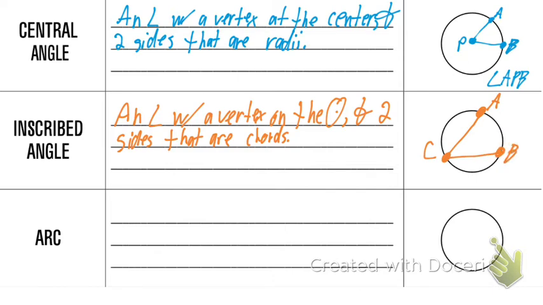So C is a point on the circle. That's the vertex. Then the sides are going to be two chords. CA is a chord, CB is a chord. So the angle ACB or BCA is an inscribed angle.